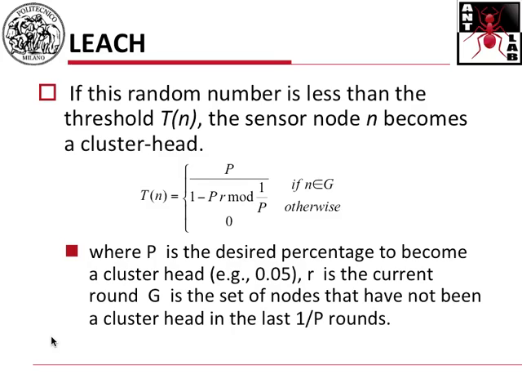This process goes on on a periodic basis, and in the end, out of the round, which is composed of 1 over P sub-rounds, on average all the nodes have been elected cluster head at least once.